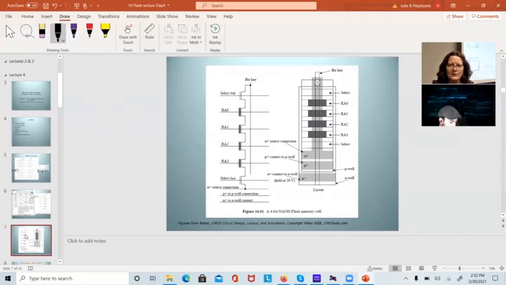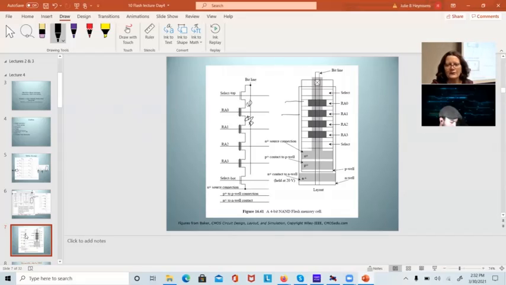Remember when we build these NAND strings, I've got these transistors in series, so the drain of one is the source of the other. So I can put them very compactly into this device.